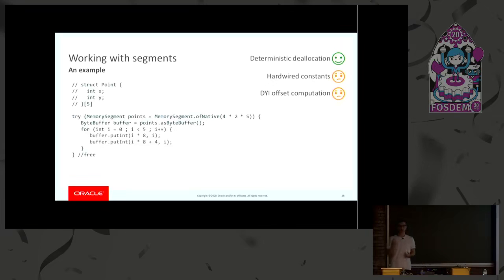So we no longer have to rely on the garbage collector to go in and free the memory. We can actually say when the memory needs to be freed. And so if you write this code, you will get the same performance that you could get with the benchmark that I showed you last, that was using an unsafe method to clean the memory. Actually, this should go even faster, because you are paying a lot less for the first allocation of memory with the native memory segment.